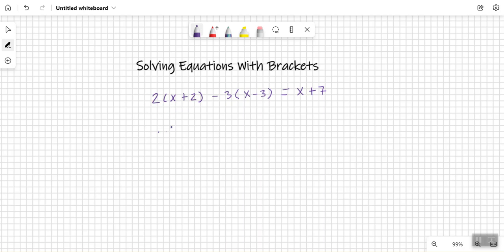So what does that look like? It's going to be 2 multiplied by x, which gives me 2x. 2 multiplied by plus 2 gives me plus 4. Notice now I've removed the brackets and this is what I have. Now I can do the same here. Minus 3 multiplied by x gives me minus 3x.